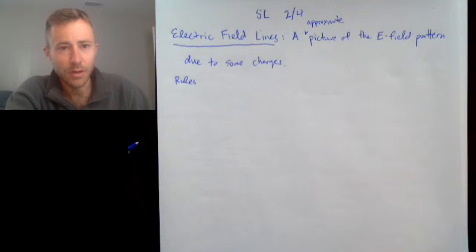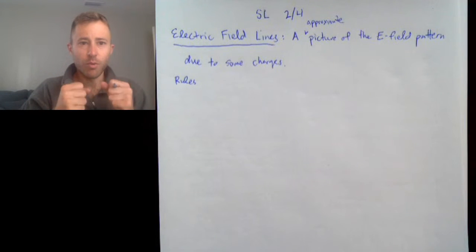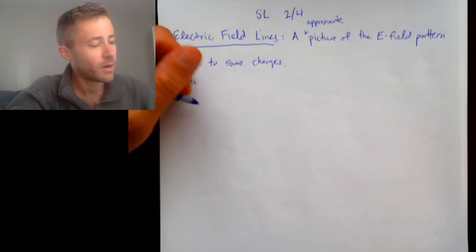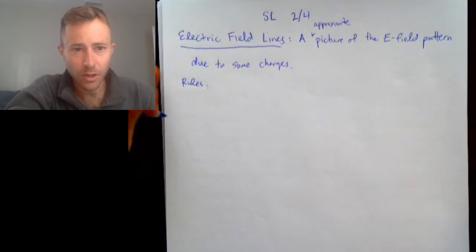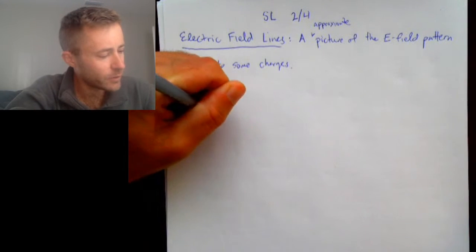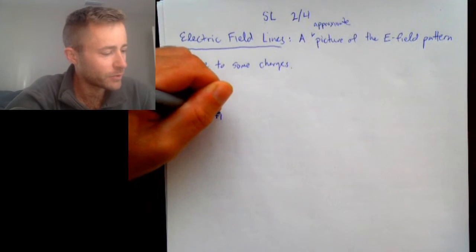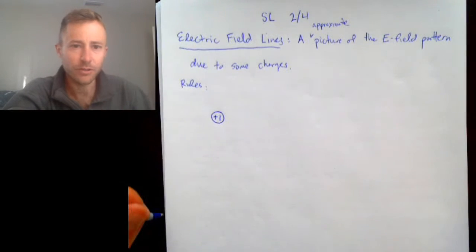So remember, charge is what makes an electric field. Okay, electric charge makes an electric field. Okay, so if you have a single charge, let's say you have a charge that is +1, a positive charge. So there's your positive charge right there.